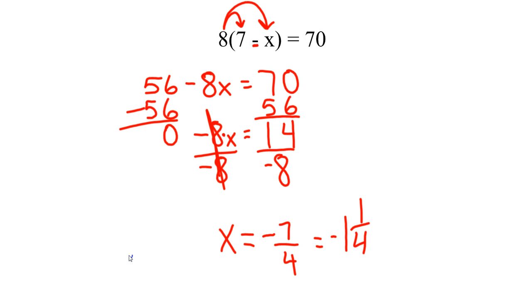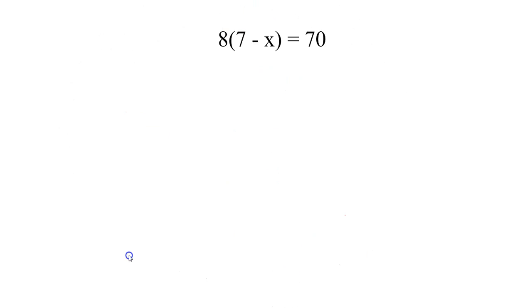Now looking back at it, I said there's a way we can do it without distribution, and there certainly is. We can look at this entire problem as 8 times 7 minus x. So the last thing we're going to do, if we look at the variable, the first thing is to combine a negative x with a 7 here. The last thing then would be to multiply that whole thing by 8. So if I want to go backwards and get x alone, all I've got to do is get rid of that 8.